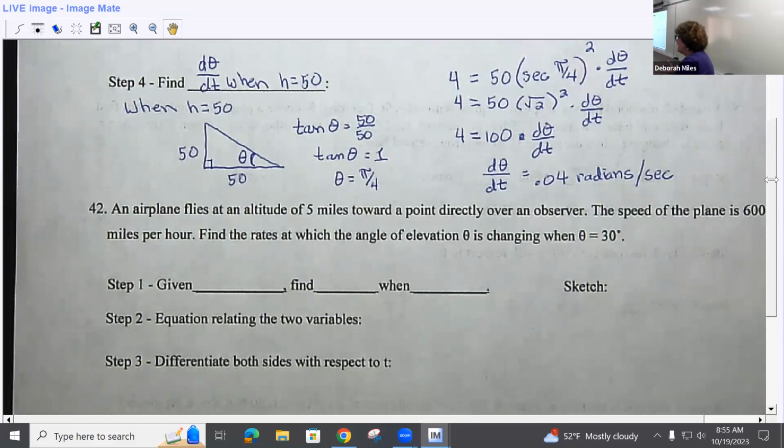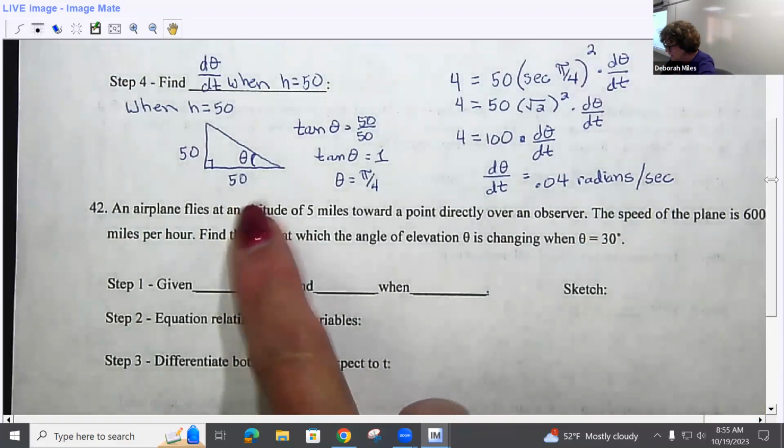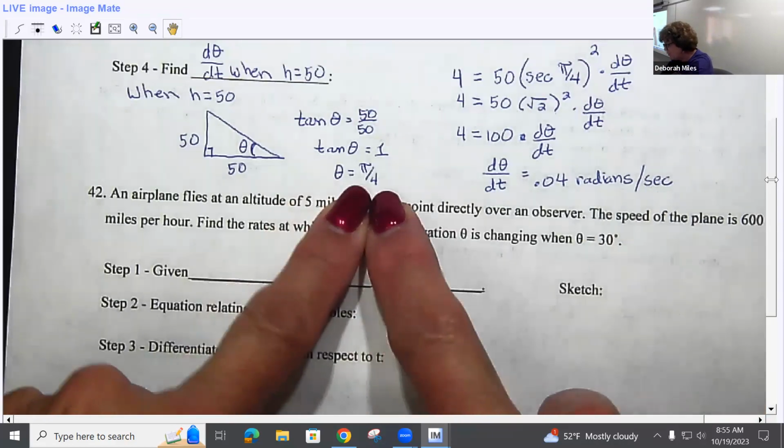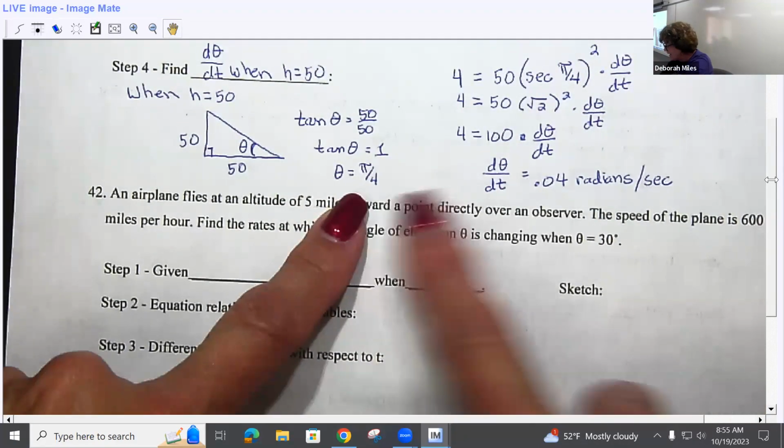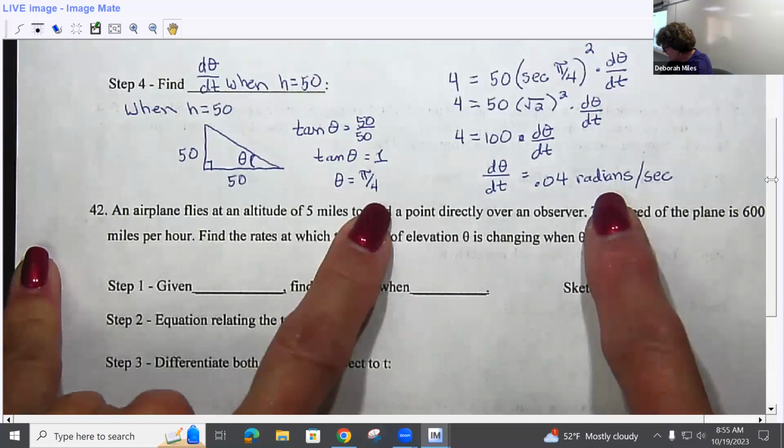You just say sine of pi. I could have used theta equals pi over 4, and then it kind of made sense why this is radians per second.